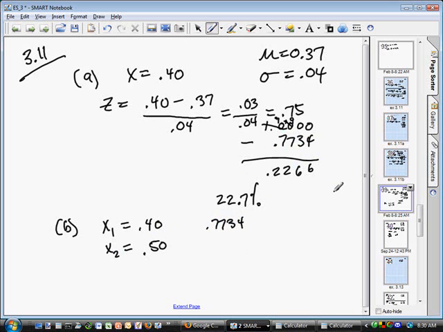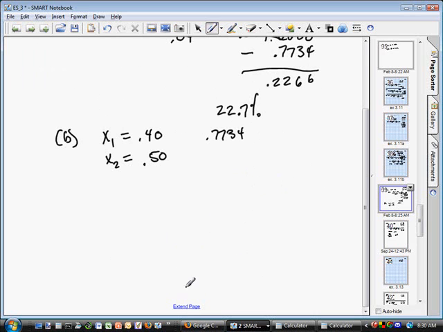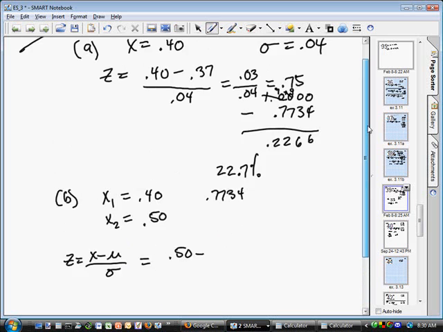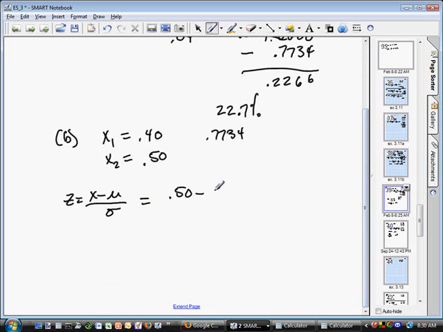We got to do the part for 50 now. Okay? So, z equals x minus mu over sigma. And in this case, x is 0.50. Subtract the mean, which is 137.